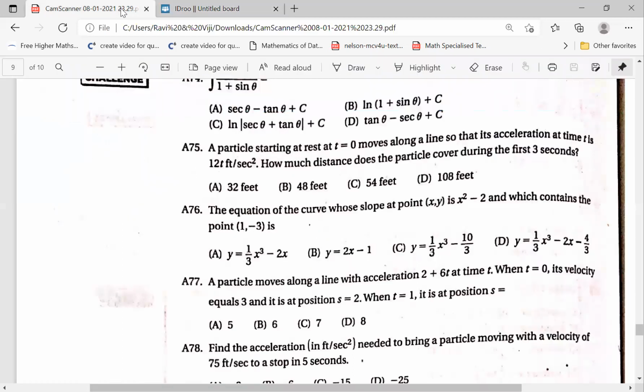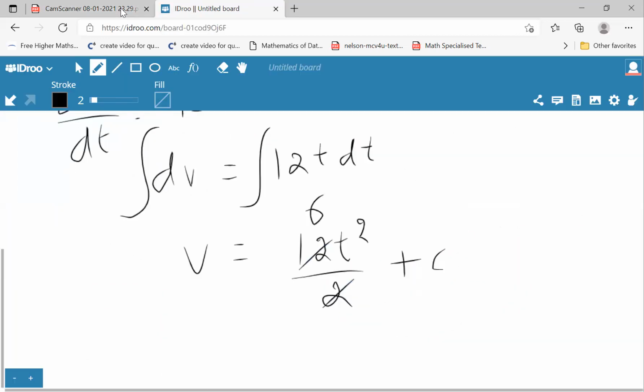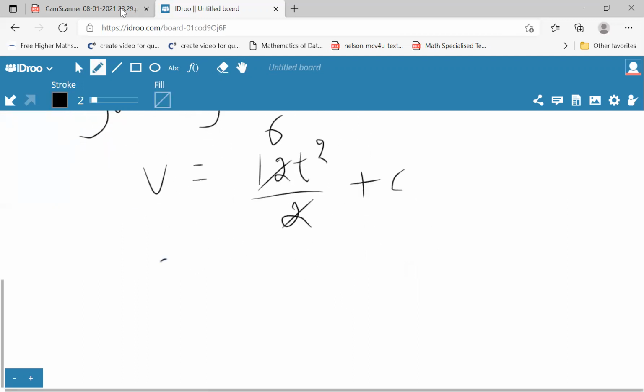Now he says when t is equal to 0, what is c? When t is equal to 0, v is equal to c, or we can actually substitute in the later stage. We'll keep it this way. So v is equal to, now what is v? v is nothing but ds by dt, rate of change of position.